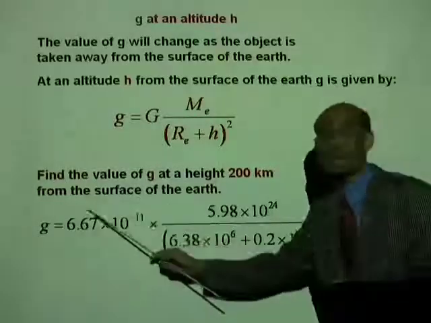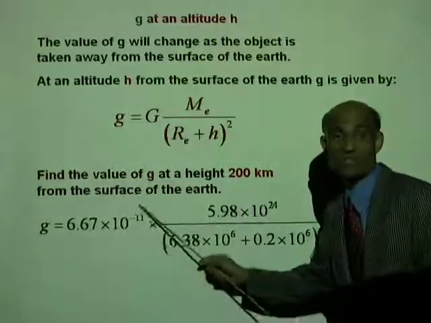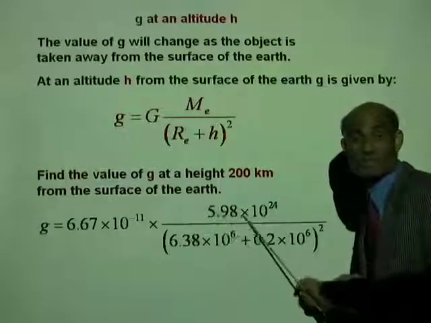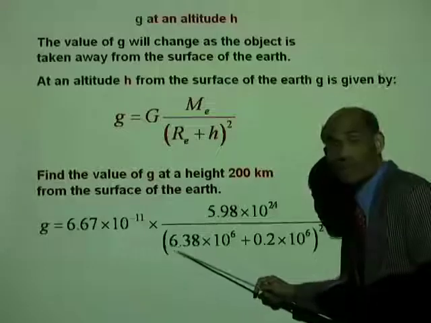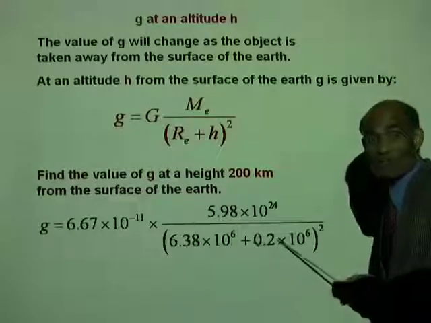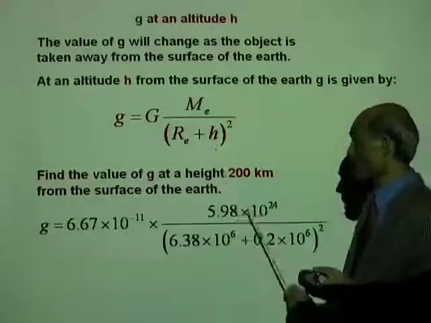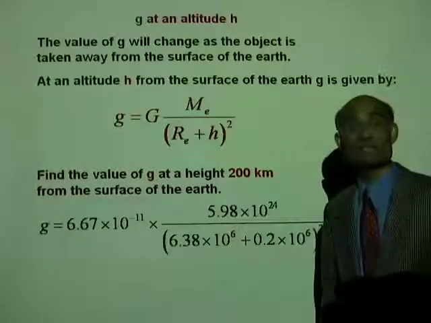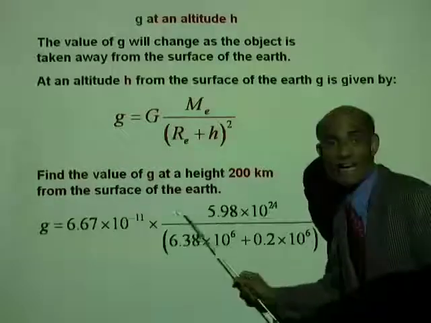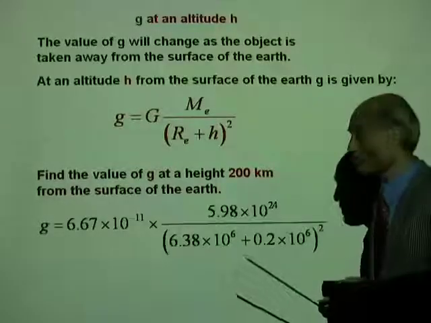Let's put all those things there. 6.67 times 10 to the negative 11 times mass of the Earth divided by radius of the Earth plus the altitude, at 200 kilometers is 0.2 times 10 to the 6 meters. Alright, can you use your calculator to work out what this is?